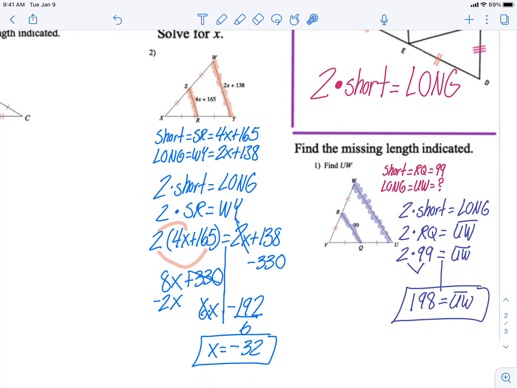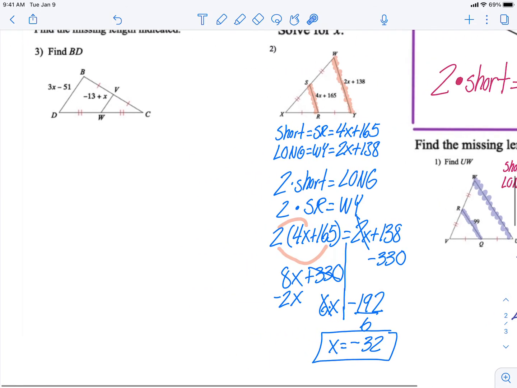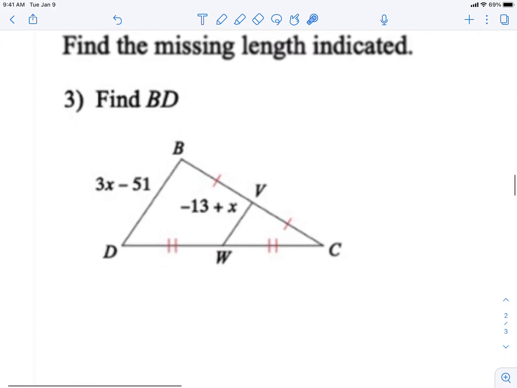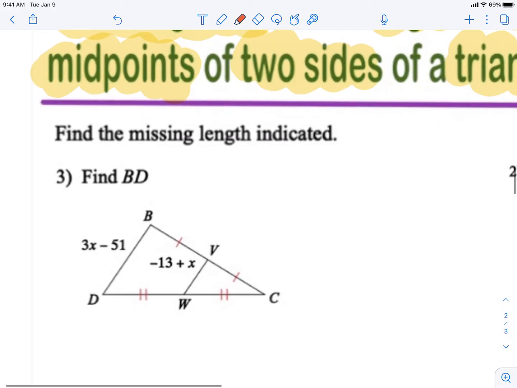Okay. Finally, one more example that you're going to see. Let's take a look here. Find the missing indicated length. Number 3 wants us to find BD.